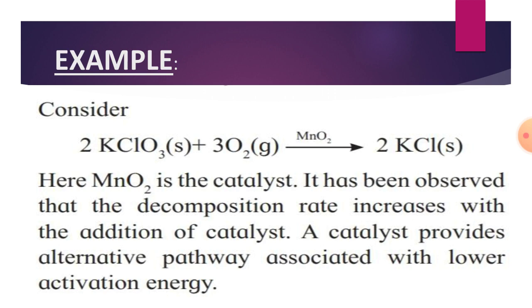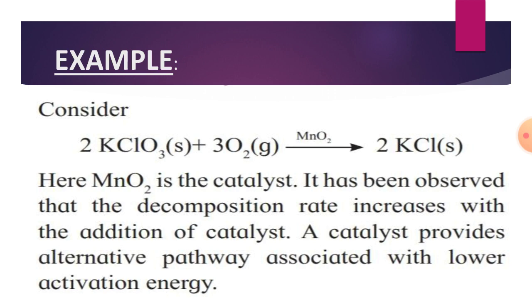Fine. When the reactant decomposes, then only we are getting the product. Yes or no, students? So the decomposition rate increases with the addition of catalyst. Thus, a catalyst provides an alternative pathway associated with lower activation energy. What do you mean by activation energy? The energy required for the conversion of the reactant to the product.